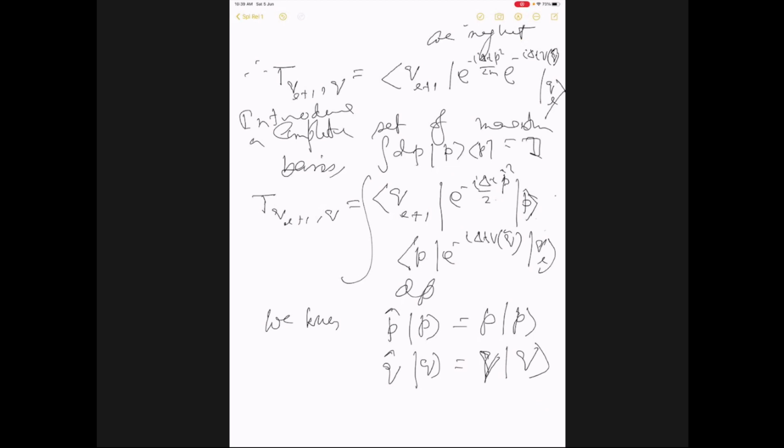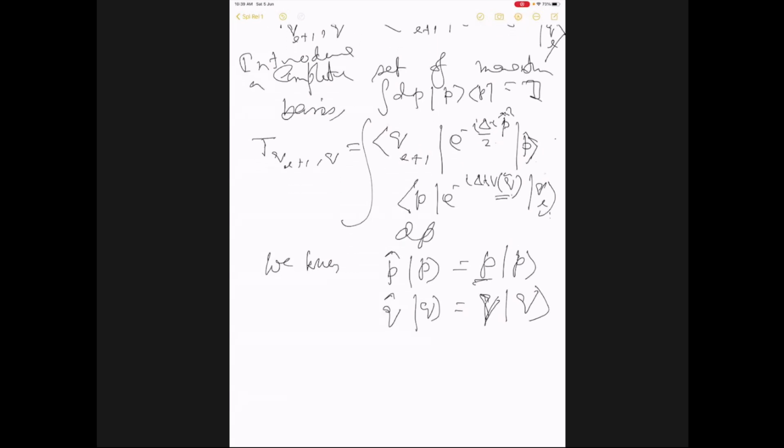So the p squared now comes out as an eigenvalue, not an operator. So in the exponential power, what becomes is just the eigenvalue p, or similarly here just the eigenvalue q, because q will act on |q>.